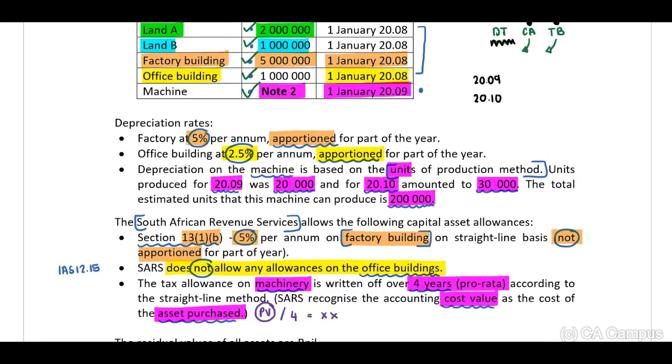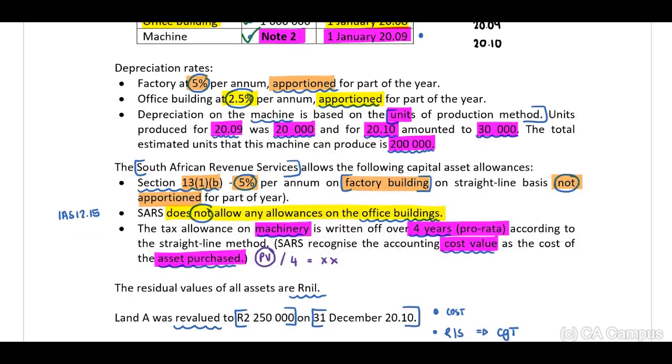Now it is important when you look at the information that you identify at the bottom that they indicate to us land A was revalued to 2,250,000 on 31 December 2010. Therefore, we need to take this into consideration in our deferred tax calculation.